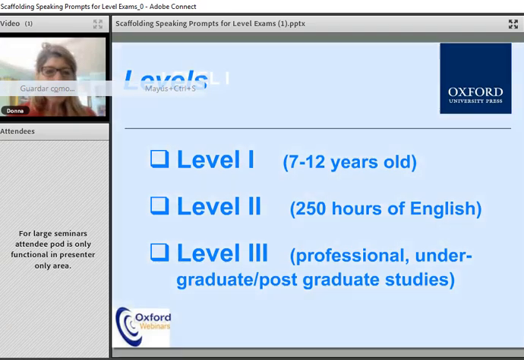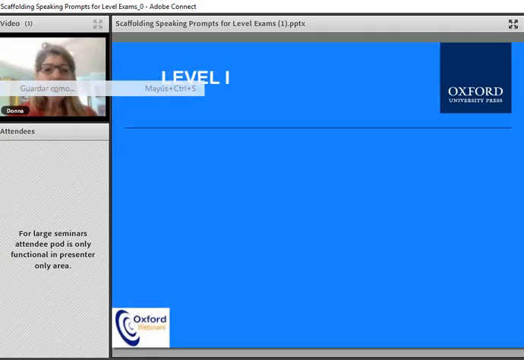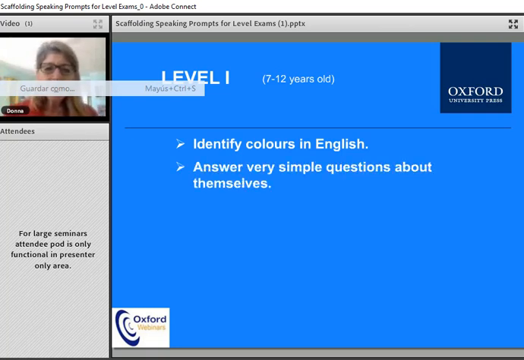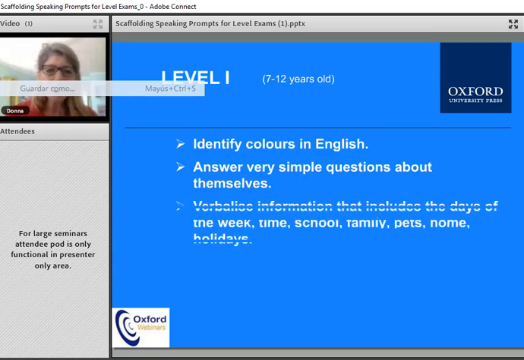All right? Now, what we also need to know is what under each level the exams are geared towards, what it's focused on. So again, in general, in level 1, between 7 and 12 years old, Karen, I'll go back to that in a bit, okay? You need to identify colors in English. You need to answer very simple questions about themselves.